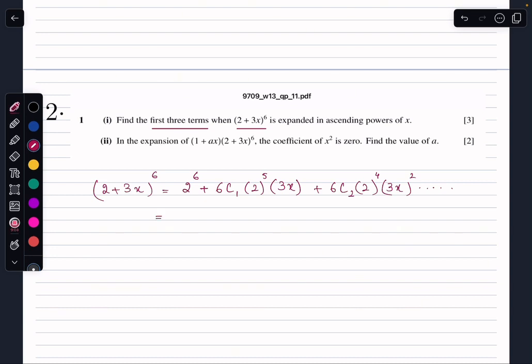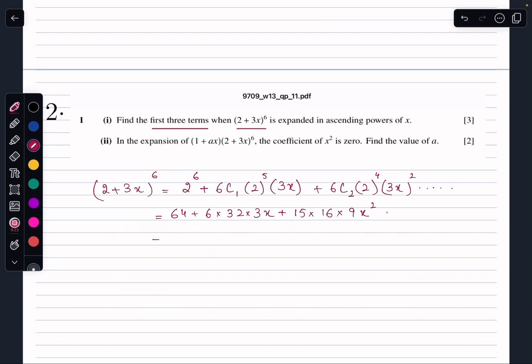So 2 to the power 6, that would give me a 64 plus 6 times 32 times 3x plus 6C2, that would give me a 15 into 2 to the power 4, which is a 16, times 9x squared.